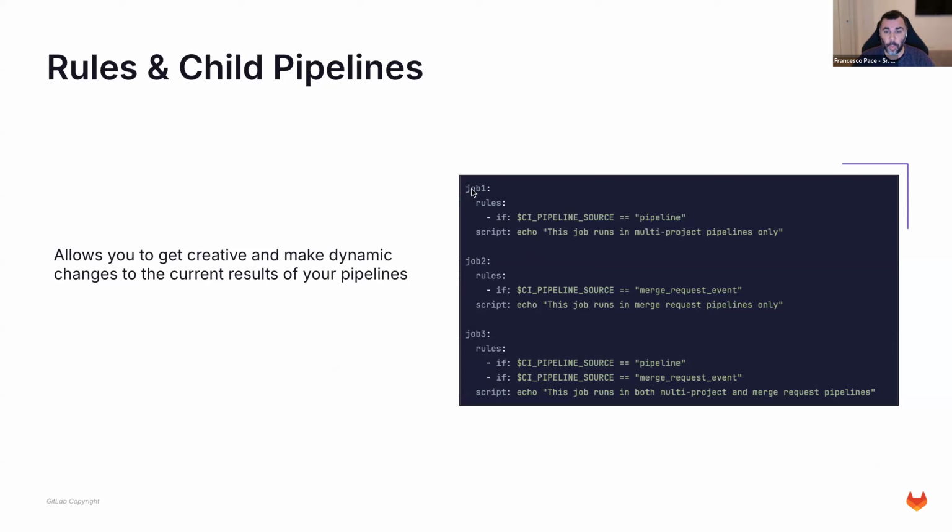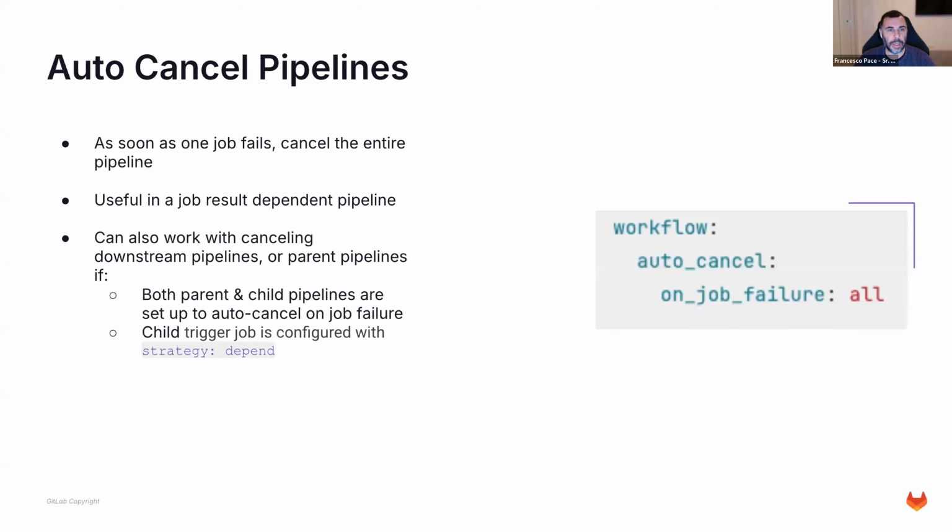For instance, in job 1, we can see that this job will run only in a multi-project pipeline. In job 2, with this condition, the job will run only in a merge request pipeline. And in job 3, we have both of the conditions. So you can play with rules in order to have a different pipeline start when triggered as a child pipeline.